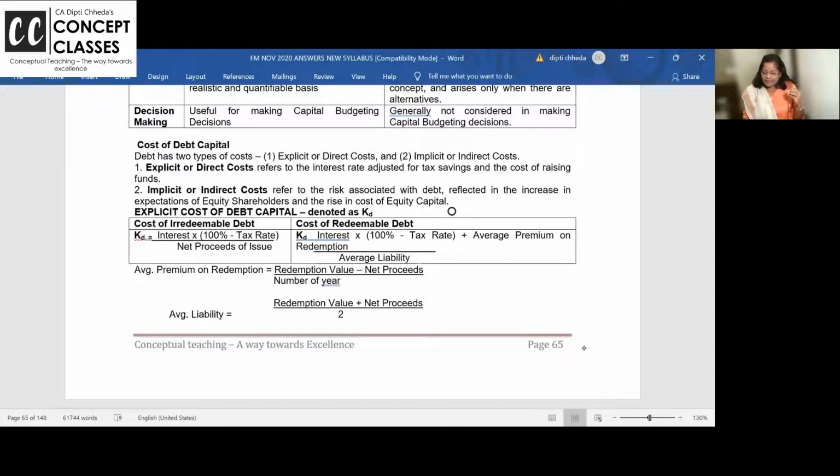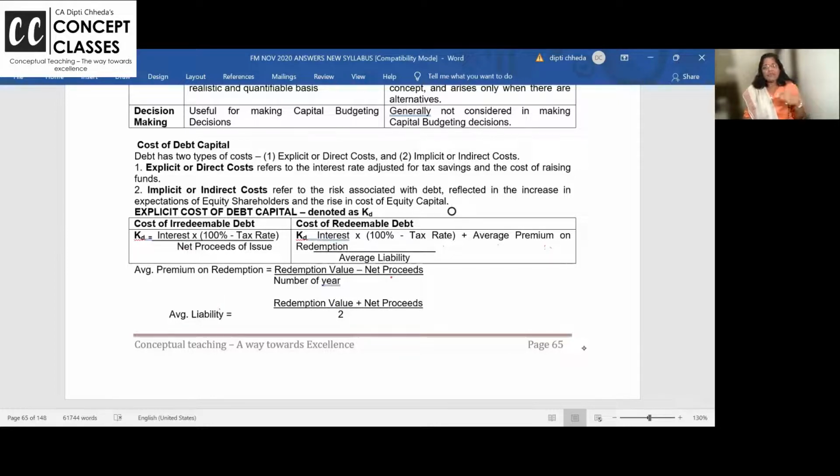Next, KD is interest into 100 minus tax, plus average premium, divided by average liability. Now, what is average premium? Redemption value minus the net proceeds, what you get in your hand. Discount and issue related expense भी तो हो सकते हैं ना?